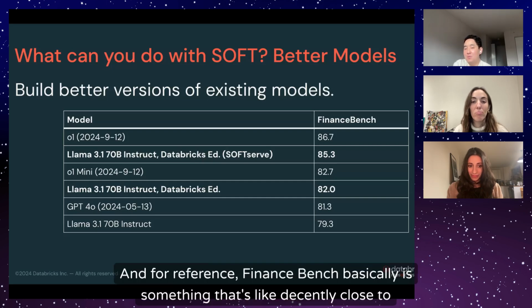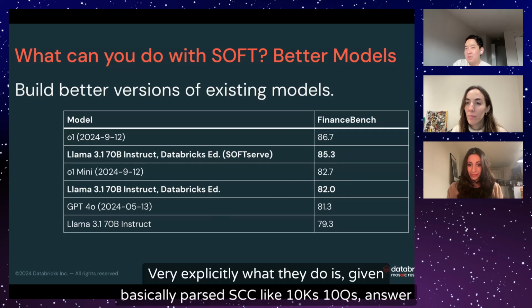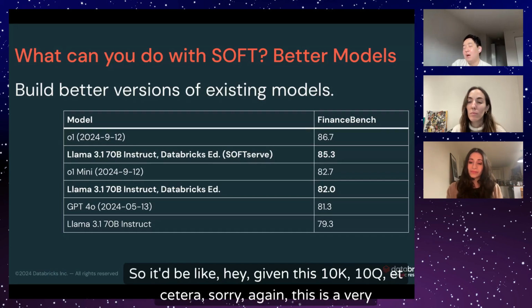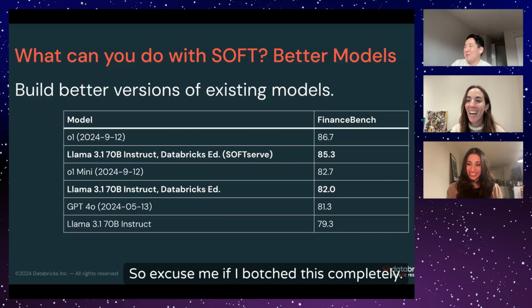For reference, Finance Bench is decently close to customer use cases. Very explicitly, given parsed SEC 10Ks and 10Qs, you answer questions about them. Sorry, this is a very contrived example, and I'm not a financial expert, so excuse me if I botch this.